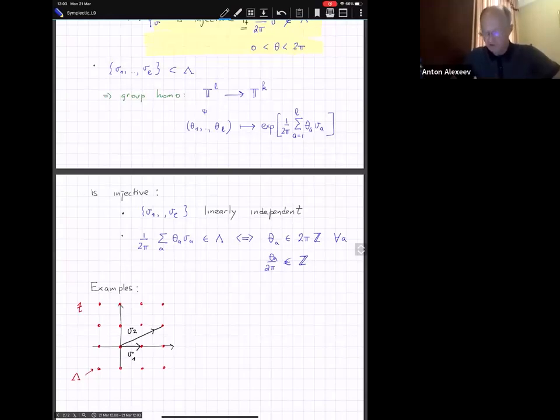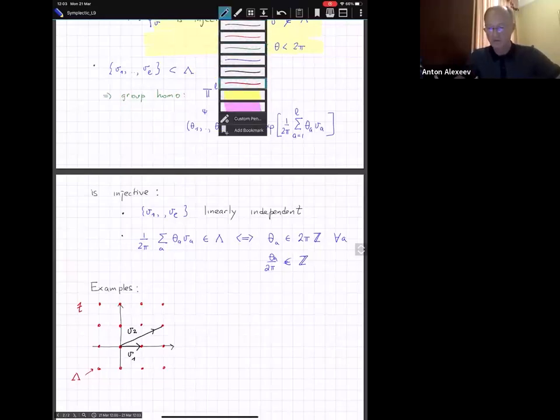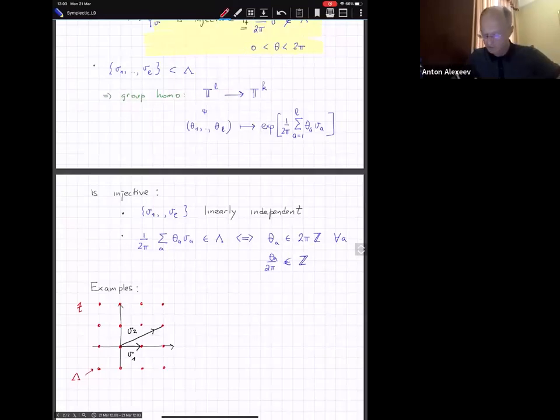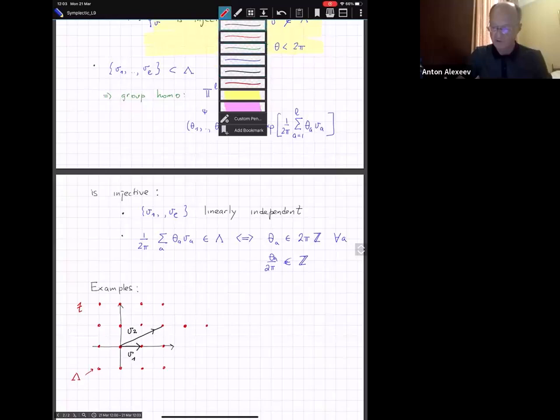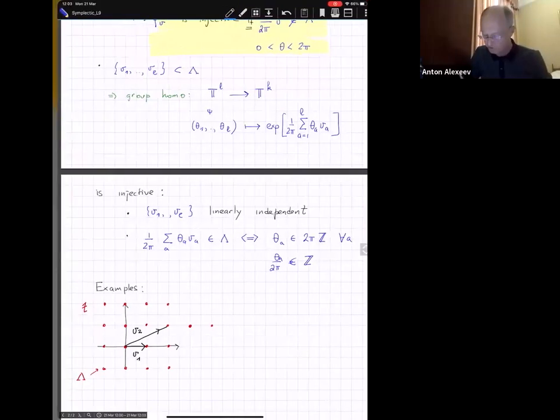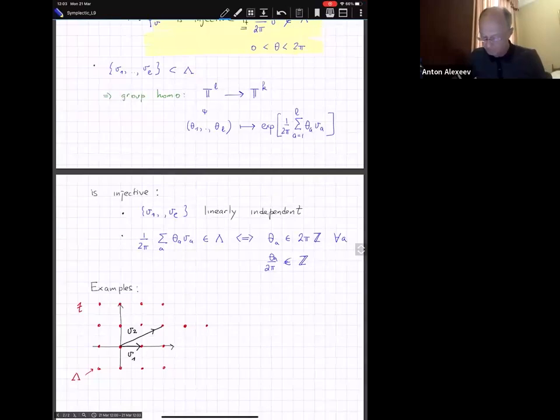Of course, the first condition is clearly verified. V1 and V2 are visibly linearly independent. Now, is the second condition verified? Let me do the drawing, and in the meantime, you can think of your answer. So I'll do this drawing for you, which is supposed to be suggestive.